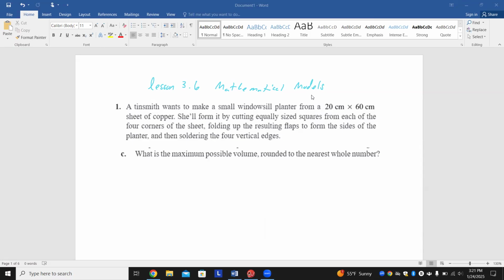But really just application problems, or word problems if you want a less fancy way. But today we're going to kind of go.